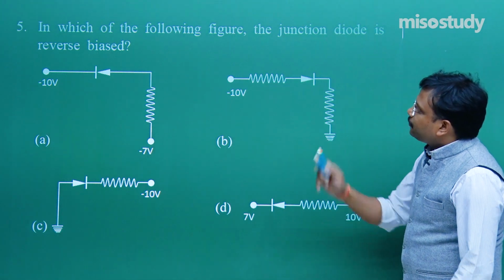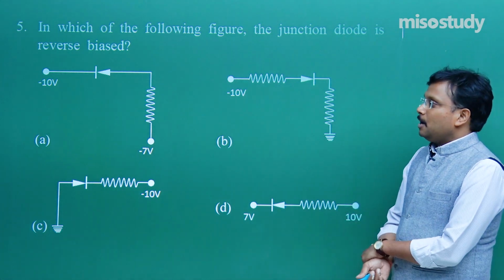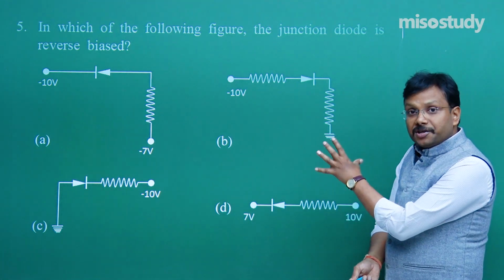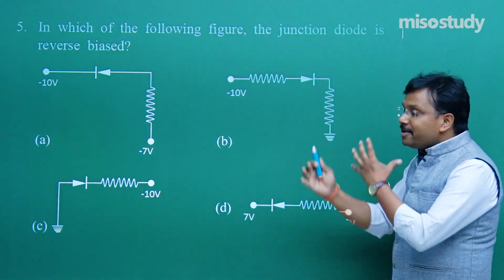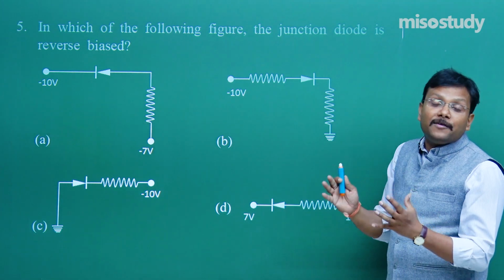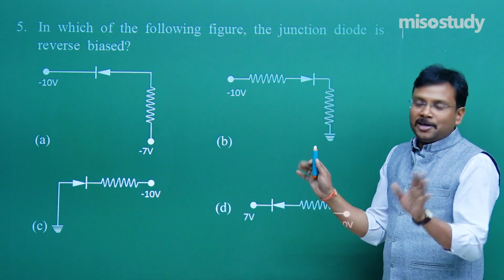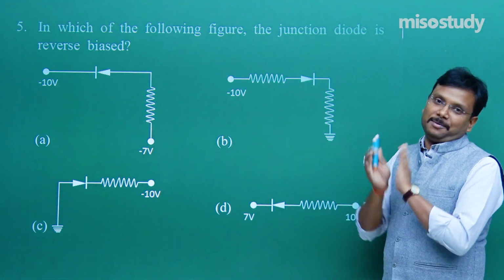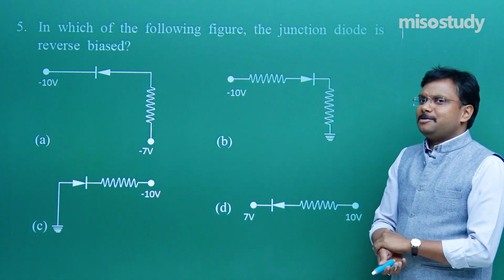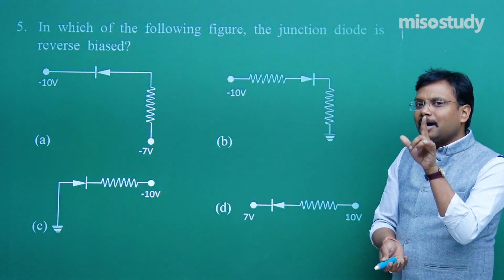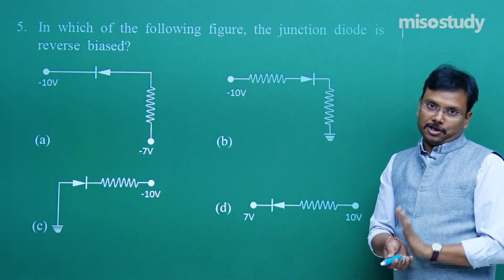In which of the following figures is the junction diode reverse biased? These types of questions check your fundamental understanding of biasing of a PN diode or even transistors. You need not remember the circuit, you just have to understand the concept. Reverse biased means P should be connected to the negative terminal or low potential.